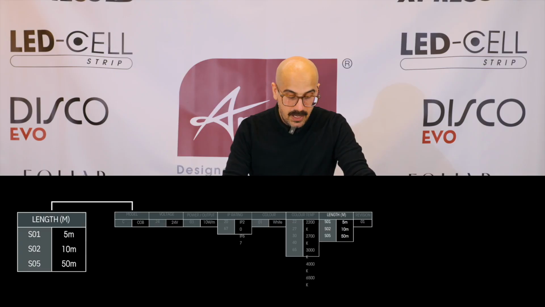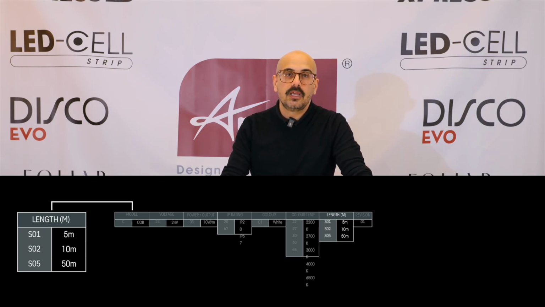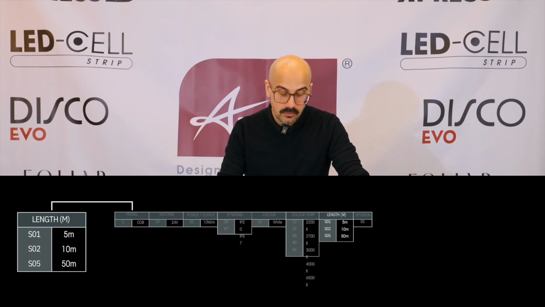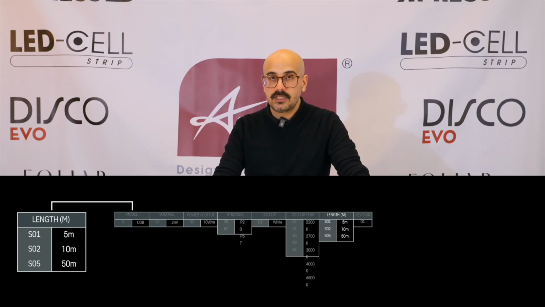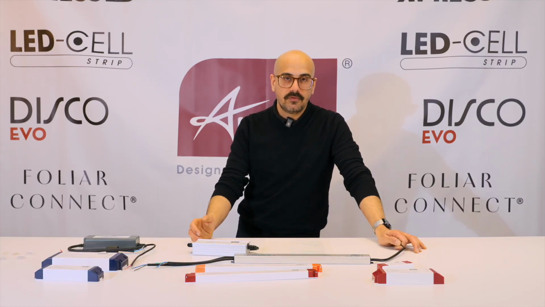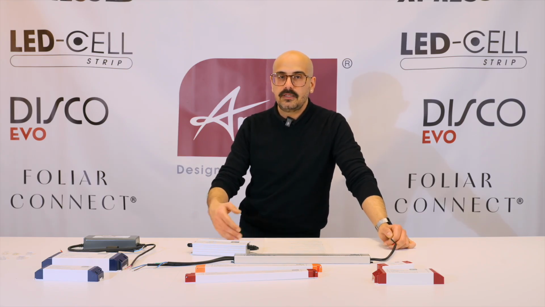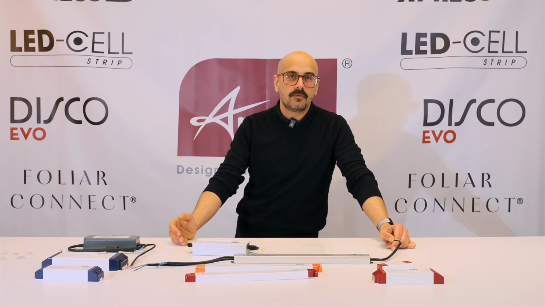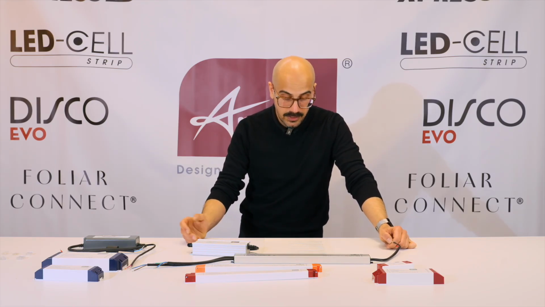Then we're going to have S02, which identifies the length of the reel. The customer wanted 7 meters, so the best option for the customer to buy will be the 10-meter reel, which is identified by S02. And then all our codes finish with /01 that indicates a revision. So in case in the future we change elements of the LED strip, that /01 could become /02, and we avoid the classic issues of batch contamination.